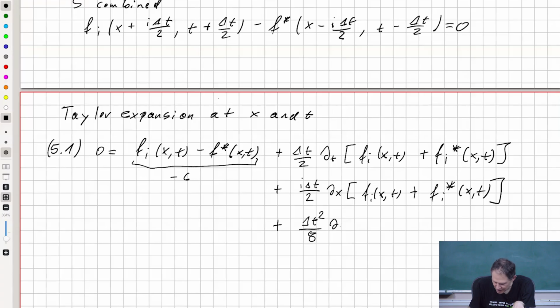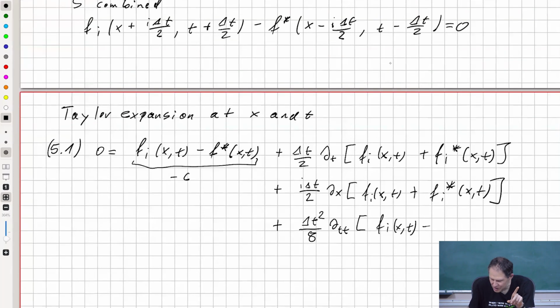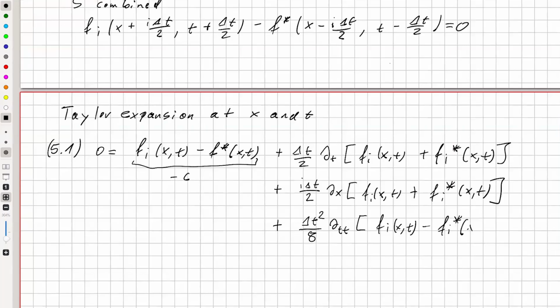And this is then coming with the second time derivative, ∂tt f_i(x, t). And now take care, because we now have a minus here, and we have this here squared, yeah? Which means now we end up with a minus here, f_i asterisk (x, t).